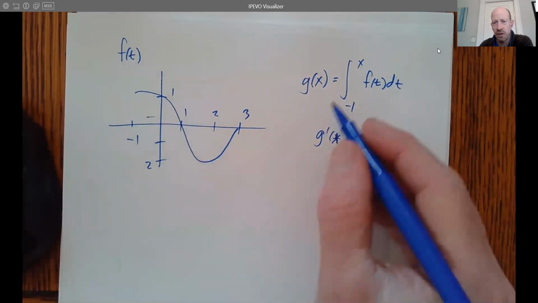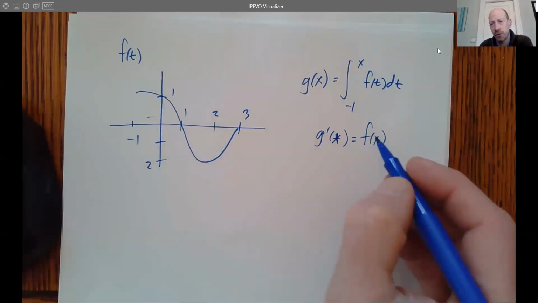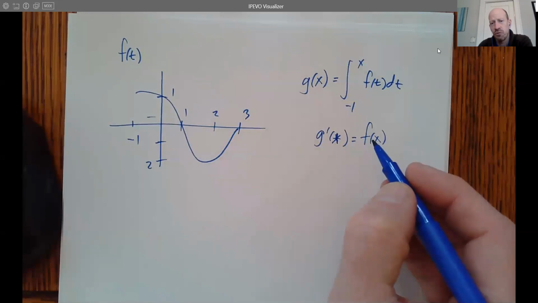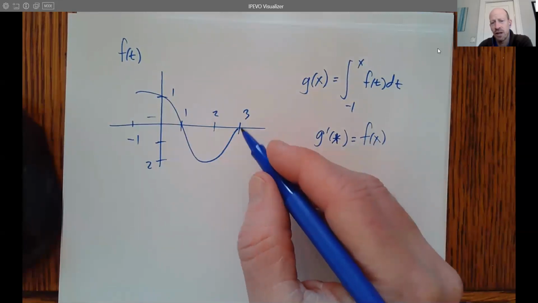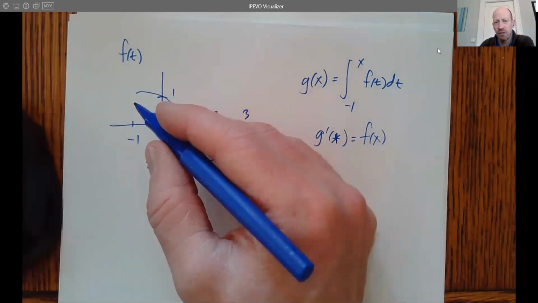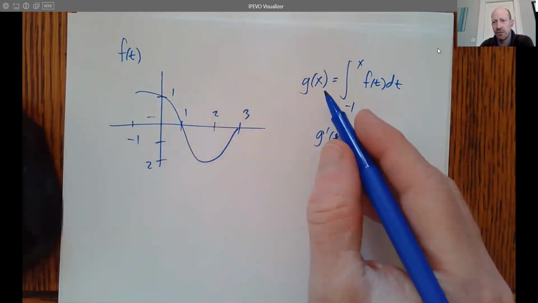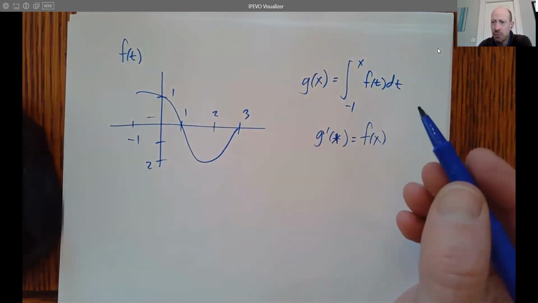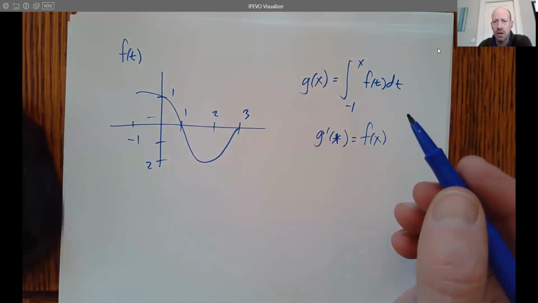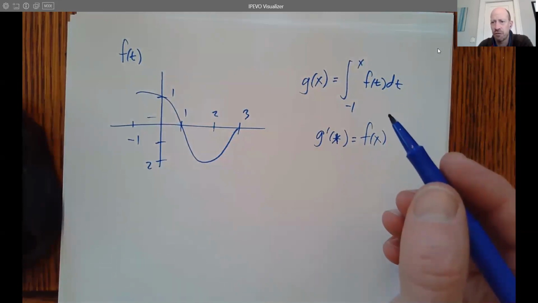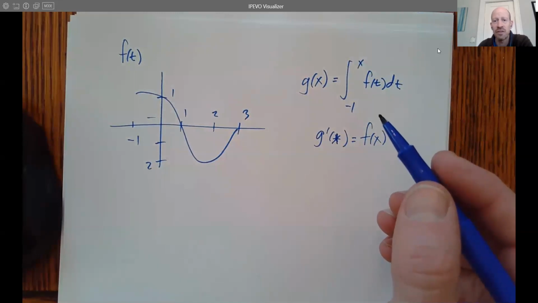The derivative of this function is exactly equal to f of x. So another way of looking at this is the derivative of g. And we've done problems like this in the past where I give you the graph of the derivative, or ask you to sketch the graph of the derivative, or we use the derivative to tell us information about the function.